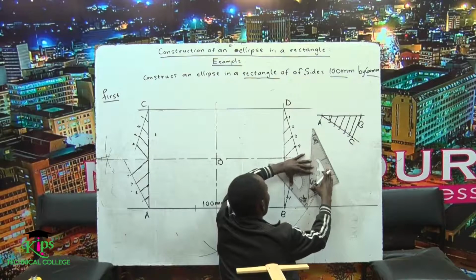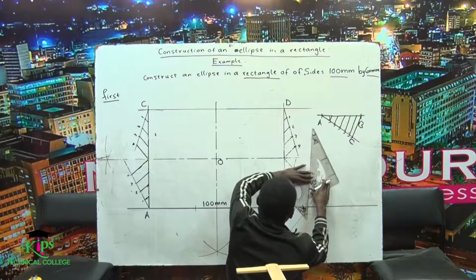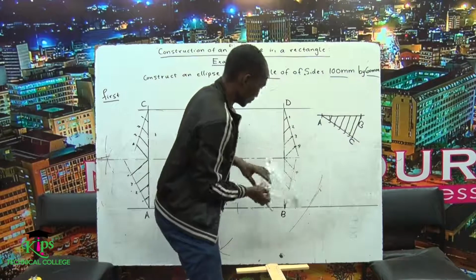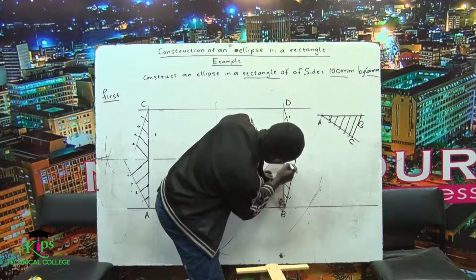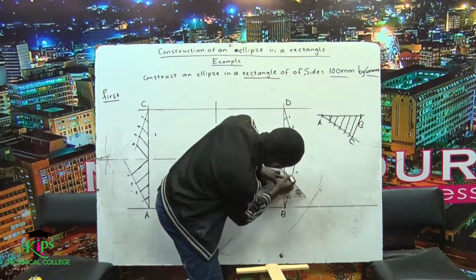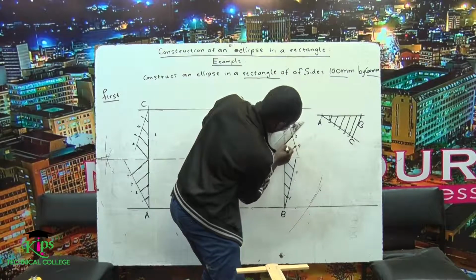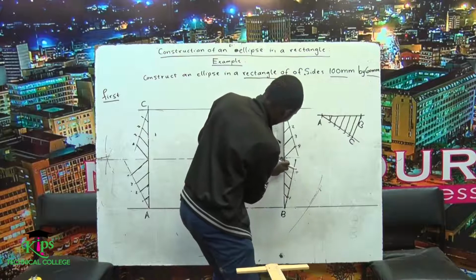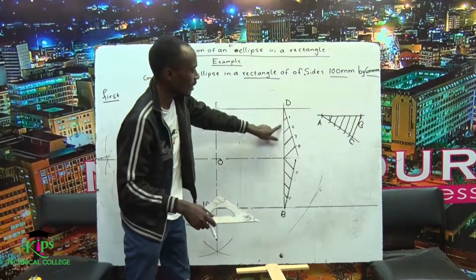Again slide. So you can see now I have subdivided this line into equal parts.